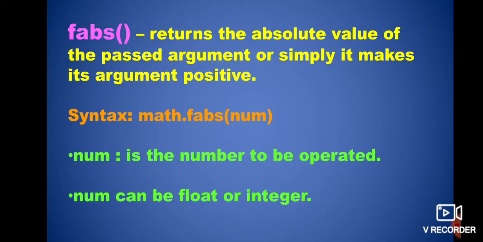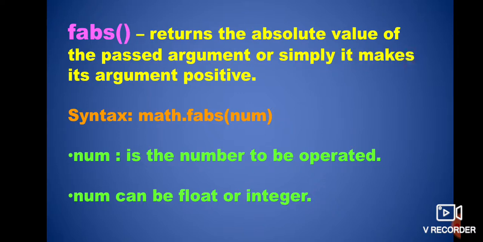Next function is the fabs function. Now this function is used to make its argument positive. So if you provide any negative number to this function, it will simply convert it into a positive number and do nothing else on its operand.